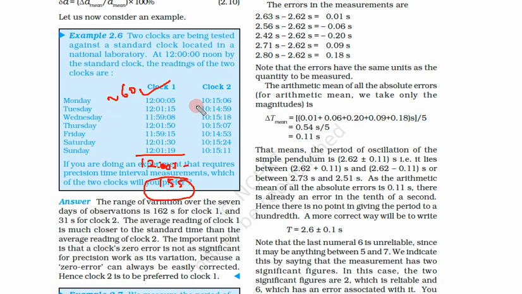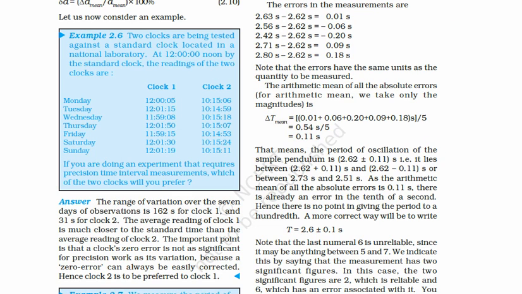But in this one the error is much less. Again, we average out these readings and get an average time, 10:15 something. Then we take the difference of each reading from this average time and calculate the average error. Again, the average error comes out to be 15 seconds here. Since the average error is much less in this case, this clock is much more precise.